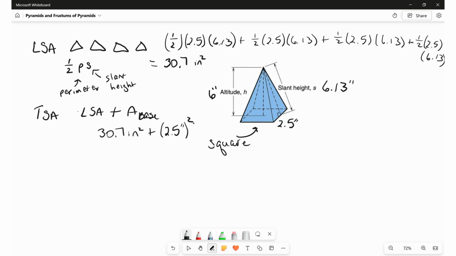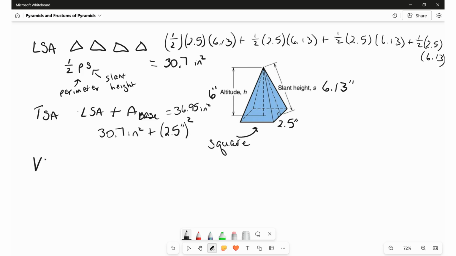And when we put that into our calculator, we get 36.95 inches squared.